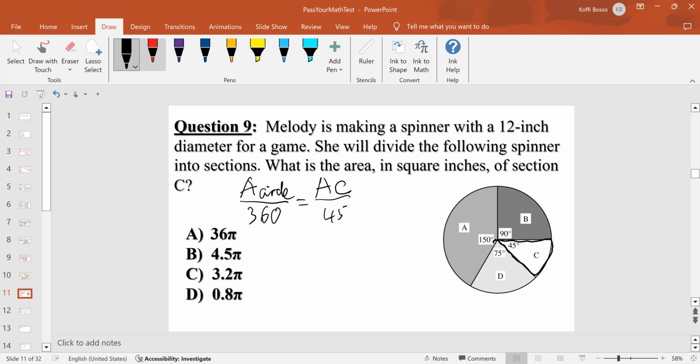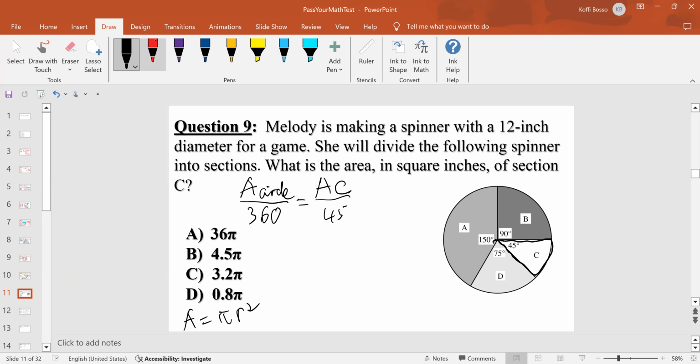So understand that the area of a circle A equals pi r squared. They give you the diameter.